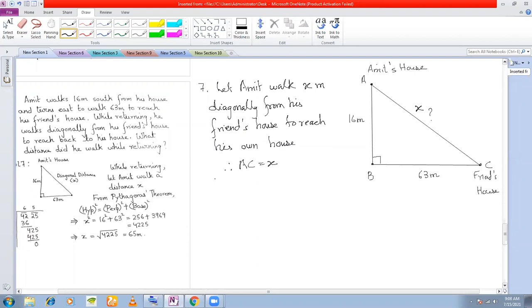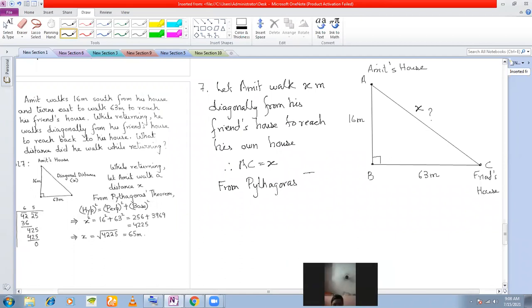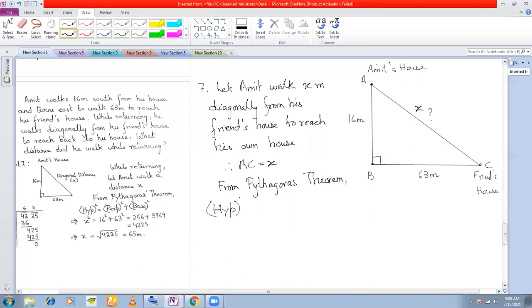Now this is a right angle triangle, so we apply Pythagoras theorem. Hypotenuse square is equal to perpendicular square plus base square.